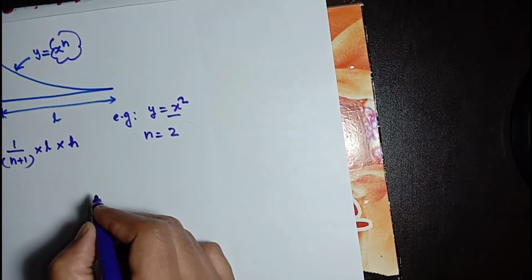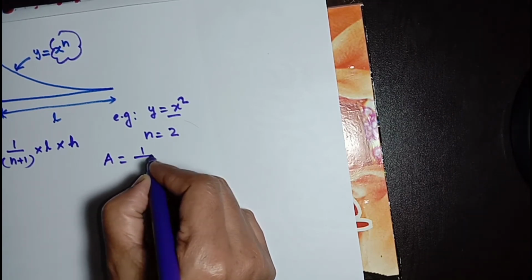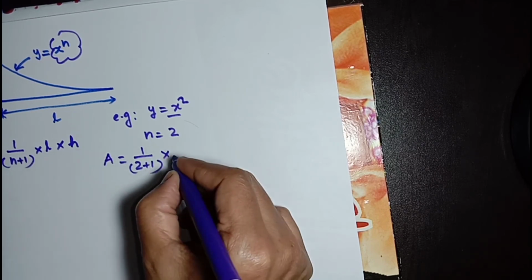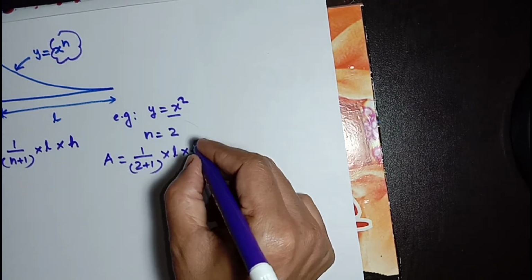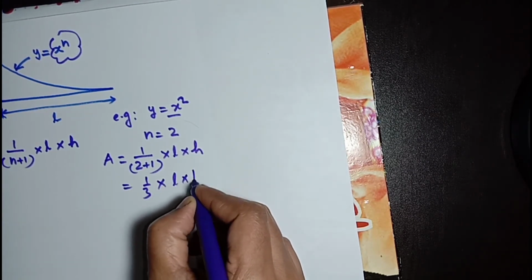So area will be 1 divided by 2 plus 1, and it will be L and it will be h. So 1/3 of L into h.